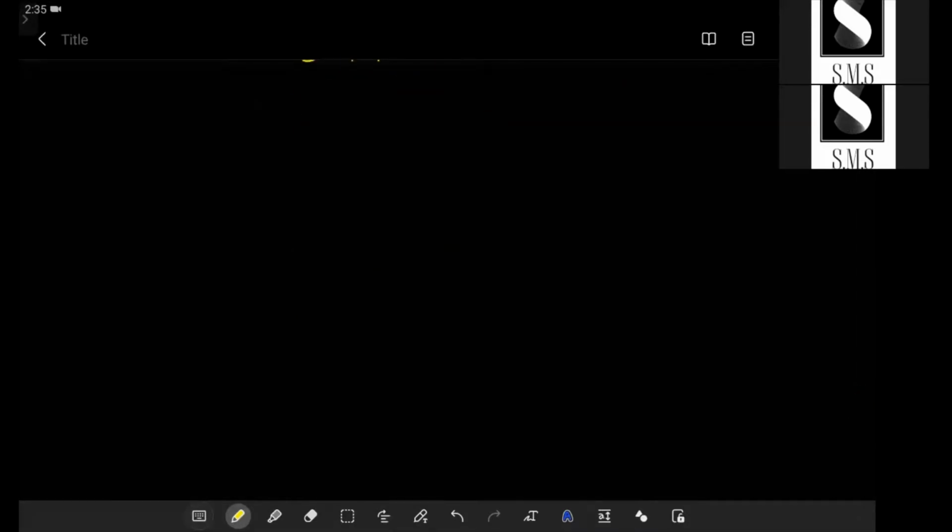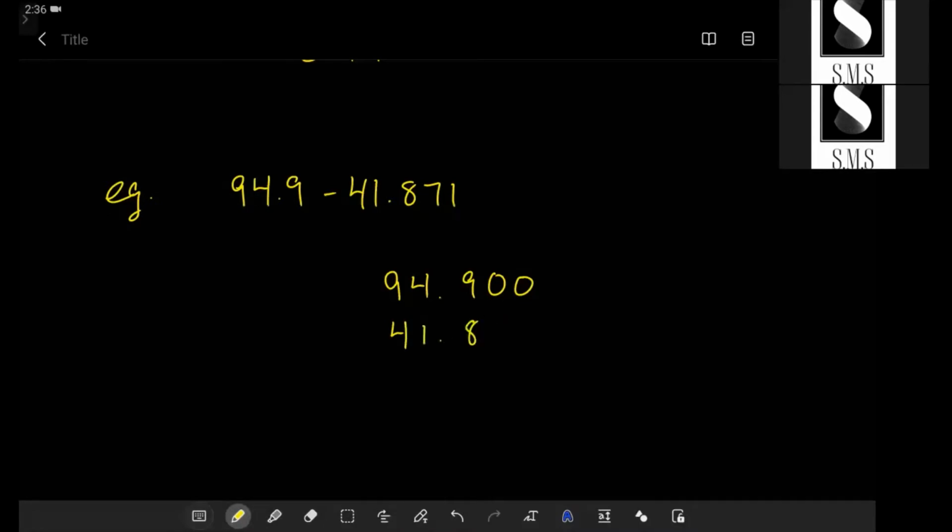Let's take a look at some subtraction questions. So we have 94.9 minus 41.871. So look at what is going on. We have 94.9, and we don't have any hundreds or thousands, so we put those place values in. And then we have 41.871, and we want to do subtraction.